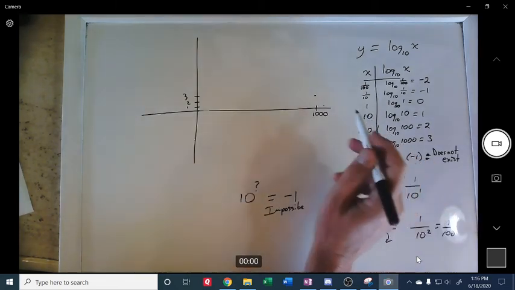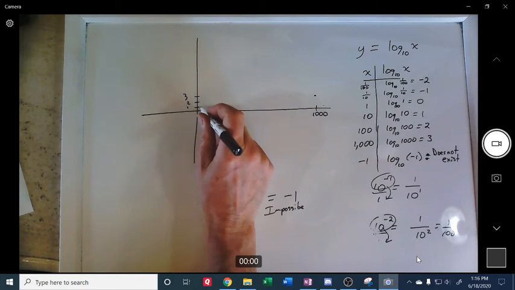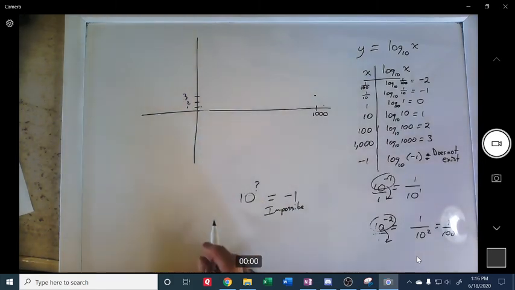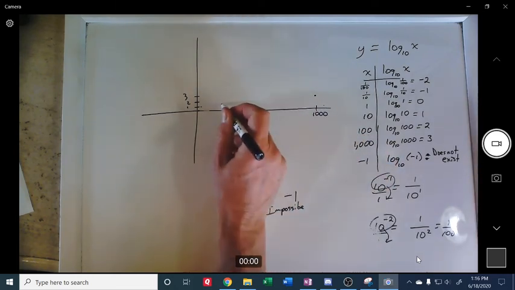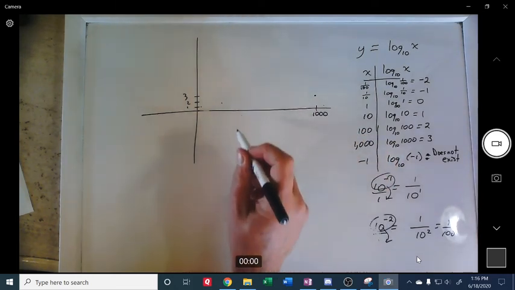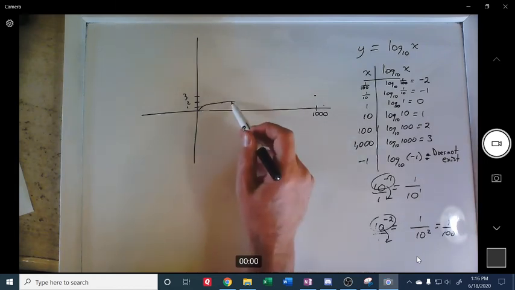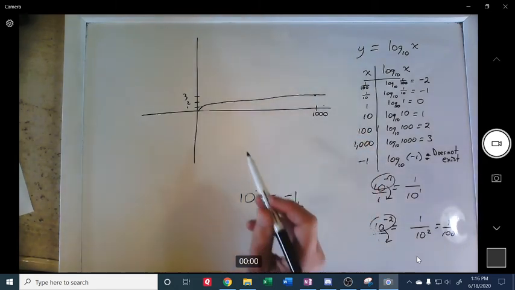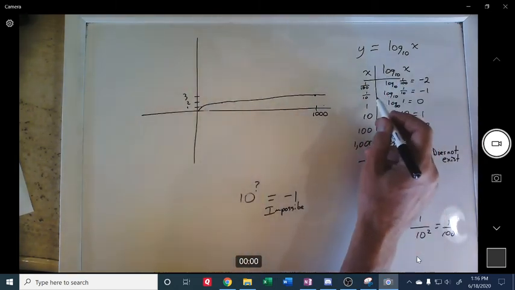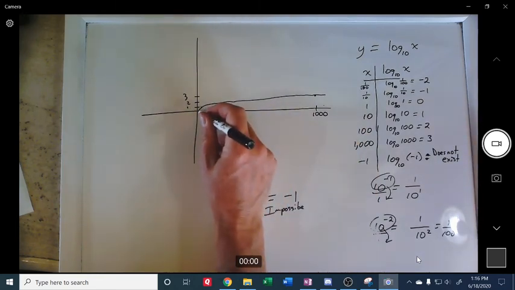When I'm at 10, I'm at a height of 1. When I'm at 100, I'm at a height of 2. This is a very slowly growing function. And over here, when I'm at 1/10, I'm at -1. When I'm at 1/100th, I'm at -2.